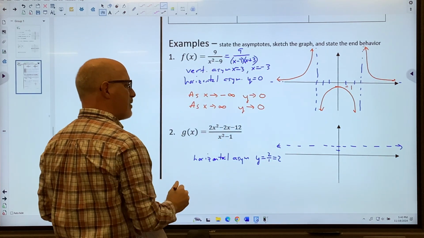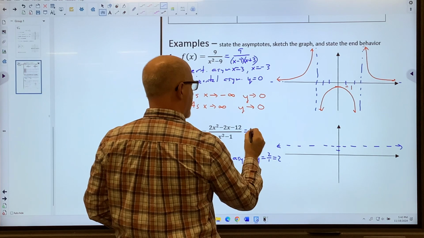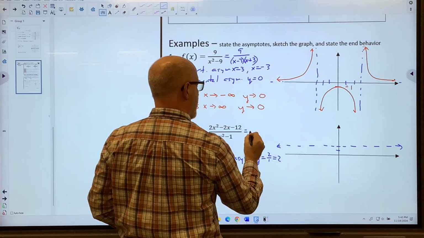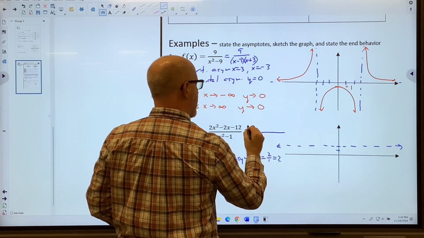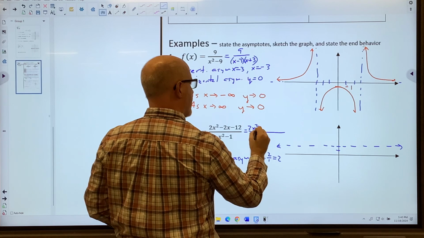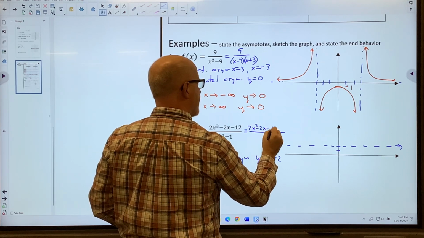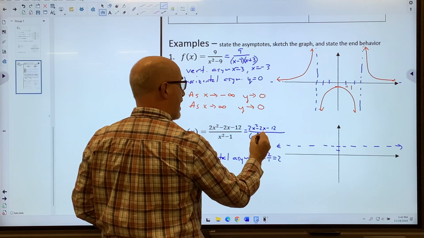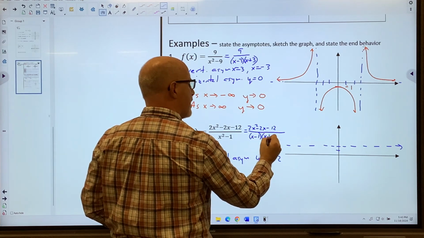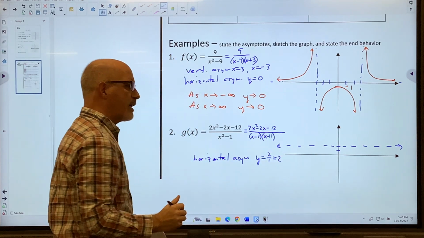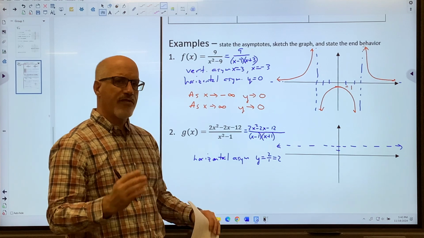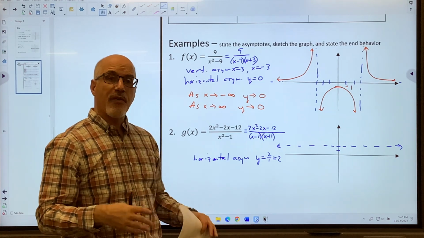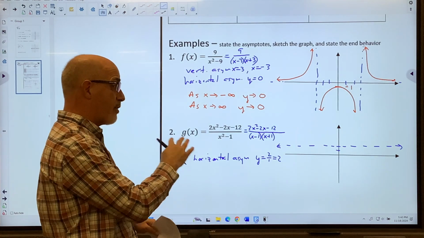Right now I'm going to go down to the denominator here, and I'm going to look at what the factored form of it is. Okay, I'm going to leave the numerator as is. You don't have to worry about factoring. It does factor, but I don't need to worry about it. I'm just going to go x for now. We are going to, as we go to part 2, look at what happens when you factor these and how that impacts the numerator as well.